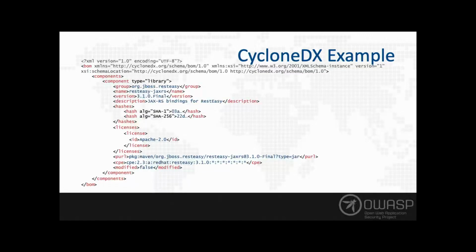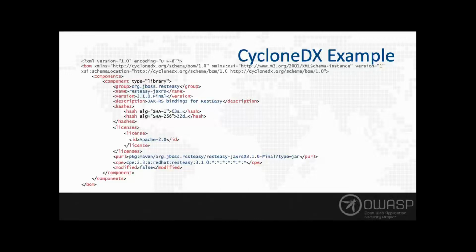PURL, or package URL. This thing is very, very important. It is a standardized way to represent your components irrespective of what ecosystem that component is a part of. So instead of having Maven GAVs or the Ruby version of that or the NPM one, you've got one representation regardless of ecosystem.